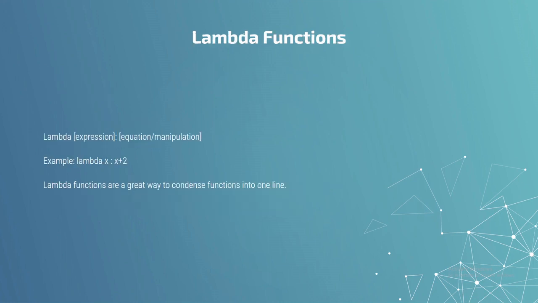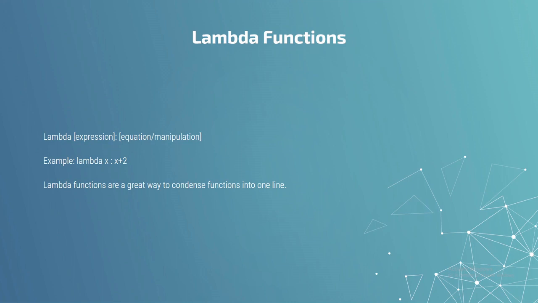Finally, lambda functions. Lambda functions, like list comprehension, are kind of like the same thing, where you can put a function condensed onto one line. Lambda functions need a variable or a name to be assigned to them because that name is now becoming effectively the function. The example here is lambda of x, and then the colon x plus 2.